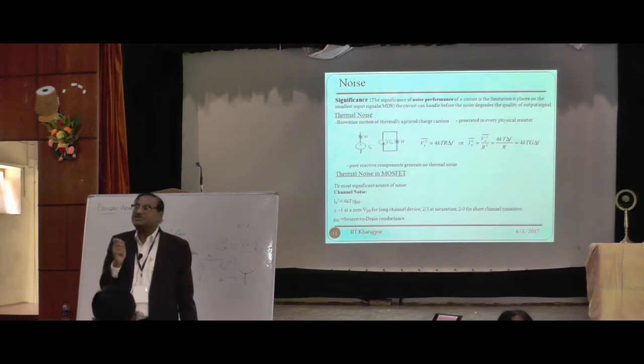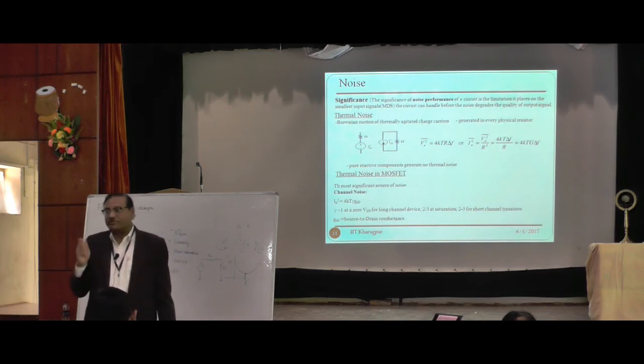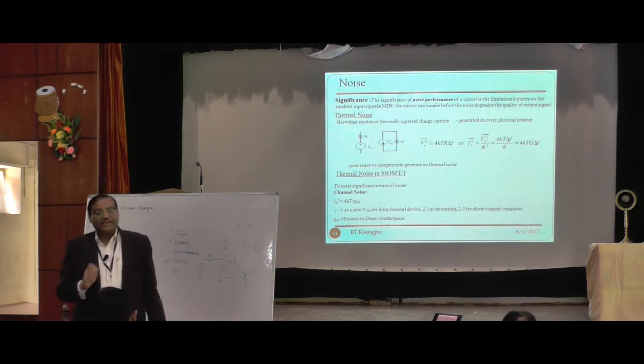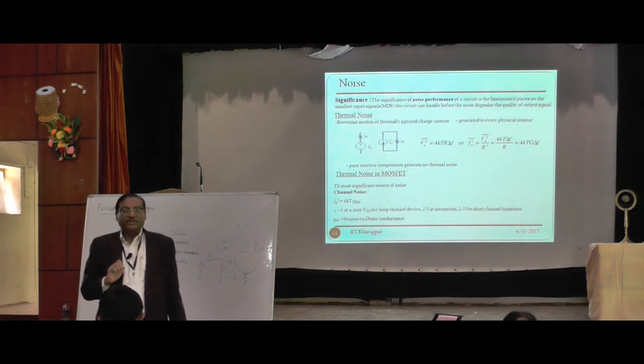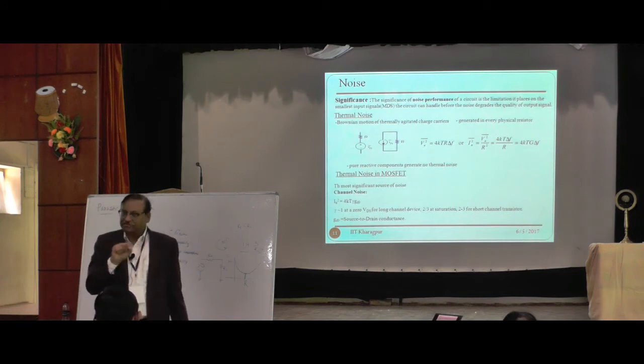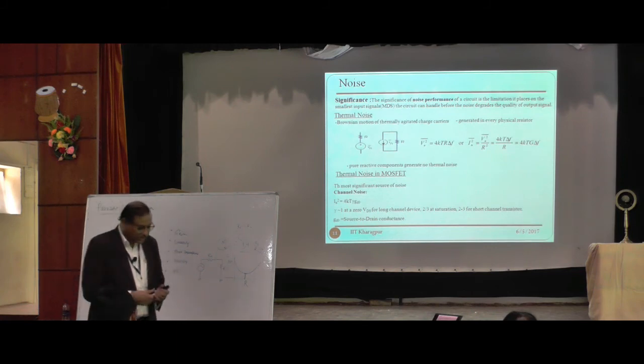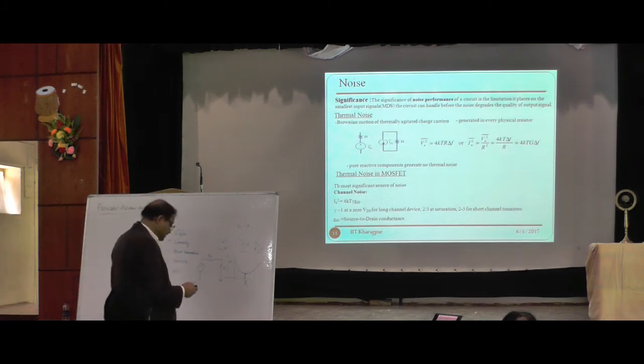You can use it as a current source or a voltage source. In a voltage source, the resistance will be in series, and in a current source, the noise current source is in parallel to the resistance. So there are two approaches.